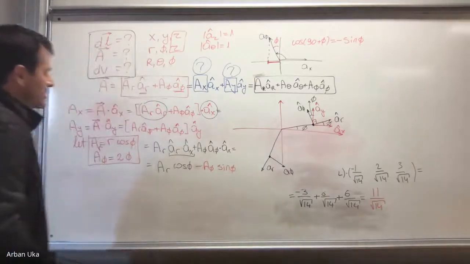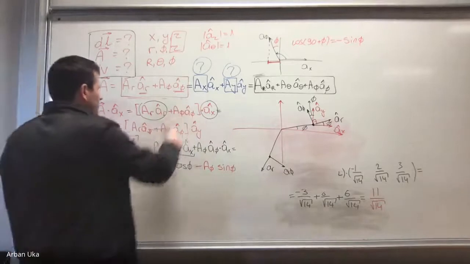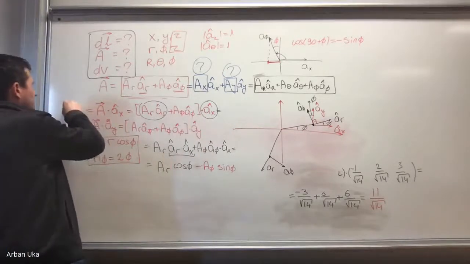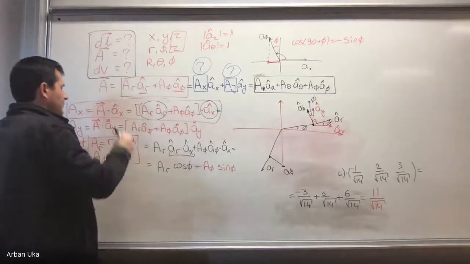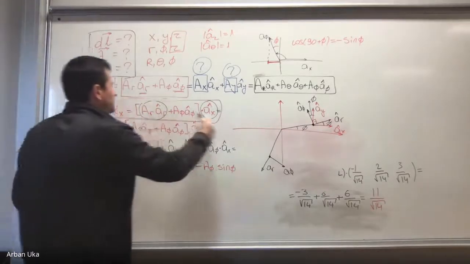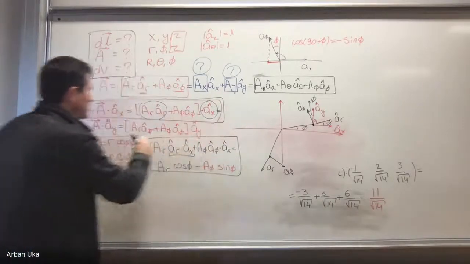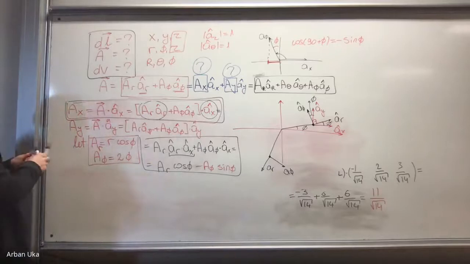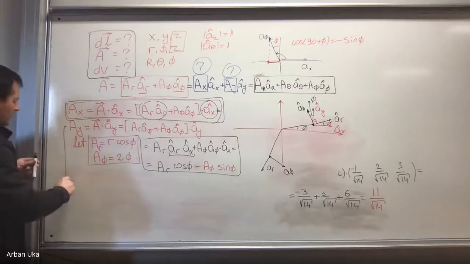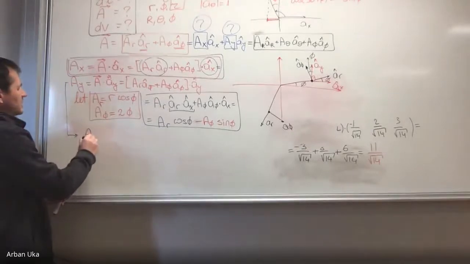Okay, so this is how we can express this AX component starting from this and here and here. Now, similarly, we have to solve for this AY. In order to solve for AY, we can rewrite this again.